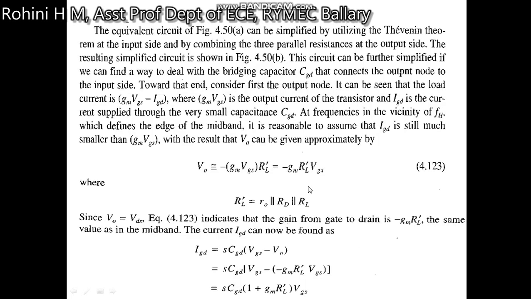So what is the IGD value? IGD is given as SCGD into VGS minus V out. For V out, we substitute from this expression, and solving, we get IGD as SCGD into 1 plus GM RL dash into VGS.